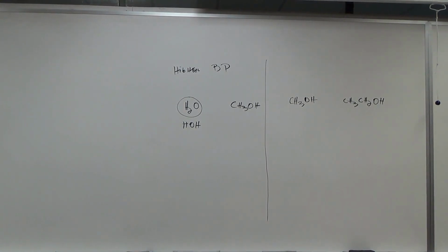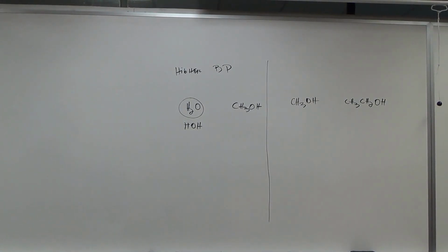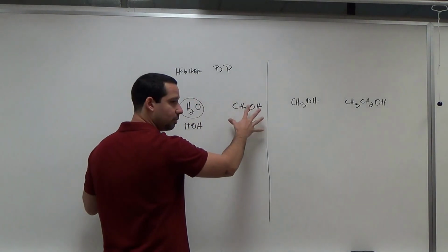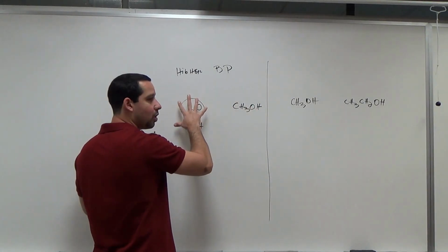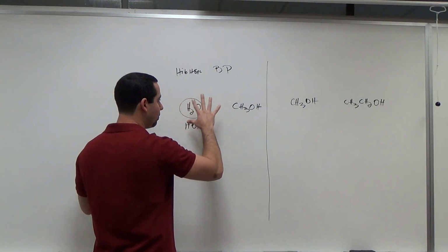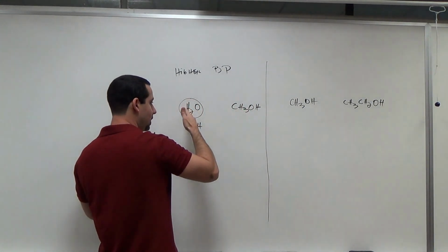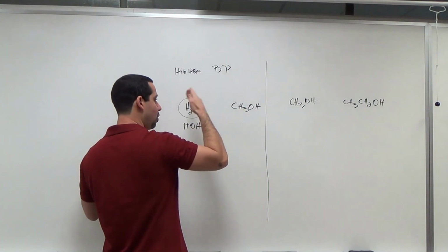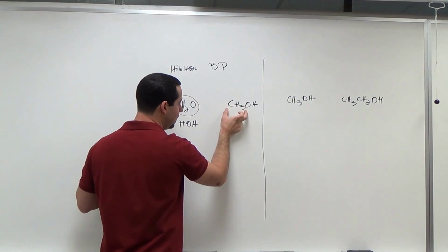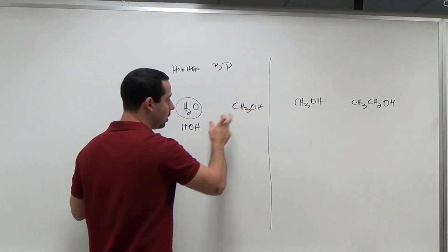Yes or no? So it's a comparison between things. This one is more polar than this one. This is not the most polar compound in the world. It is just more polar than this one. And why is this more polar than that? It's because this side here is non-polar.